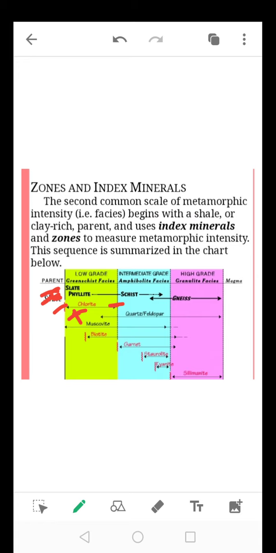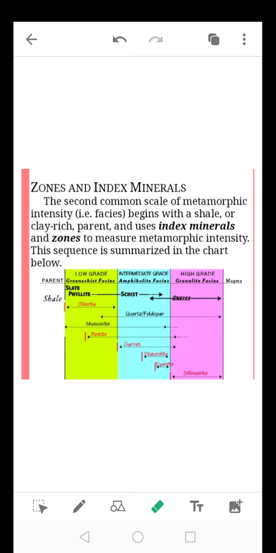So as we keep walking, we can start seeing the phyllite, the schist, and the gneiss, and even biotite. In this instance, we're still talking about shale, which is a parent rock.